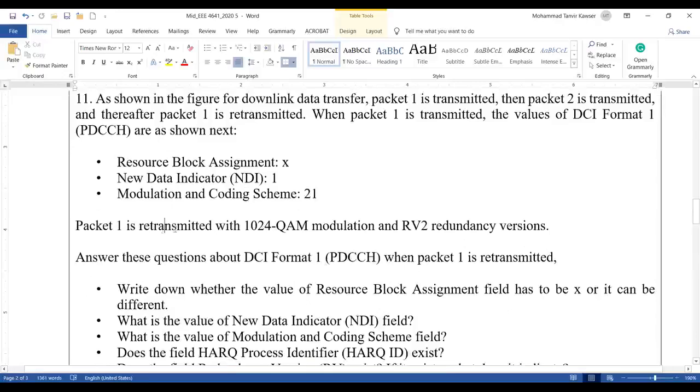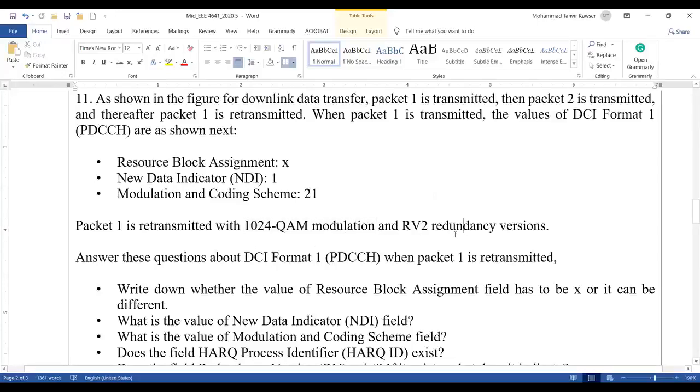Also, in the case of retransmission, you use a different modulation level. In the case of retransmission in downlink, you can use a particular modulation order. We discussed it. The modulation can be just indicated, use this modulation, and also you can indicate the redundancy version.